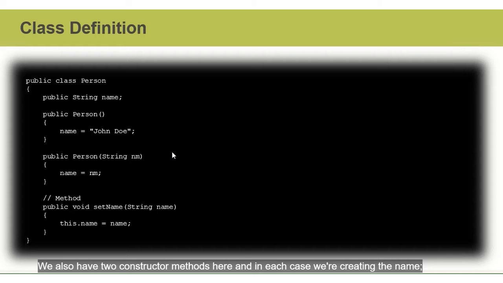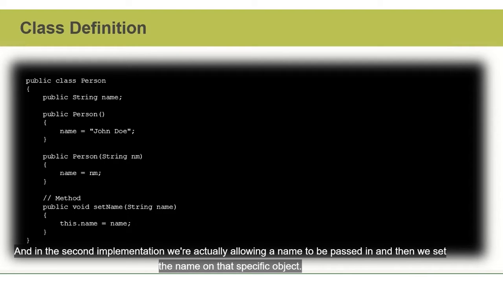We also have two constructor methods here, and in each case we're creating the name, however in the first implementation we're creating a default name of John Doe, and in the second implementation we're actually allowing a name to be passed in, and then we set the name on that specific object.